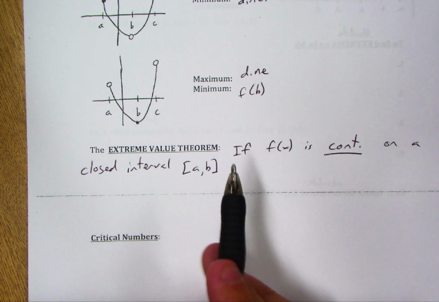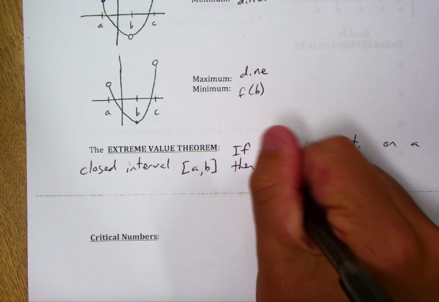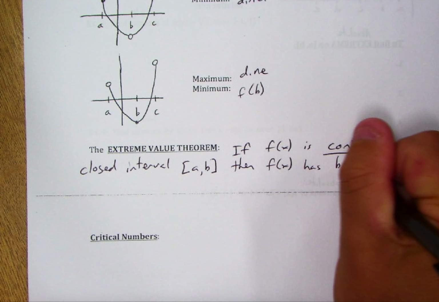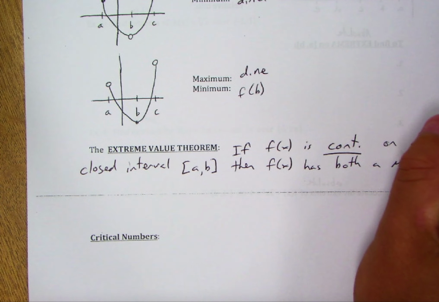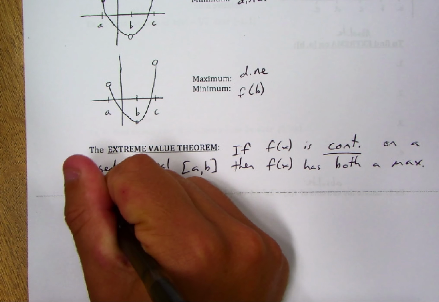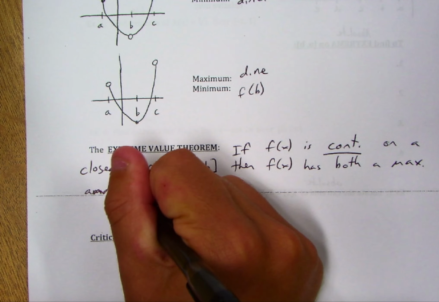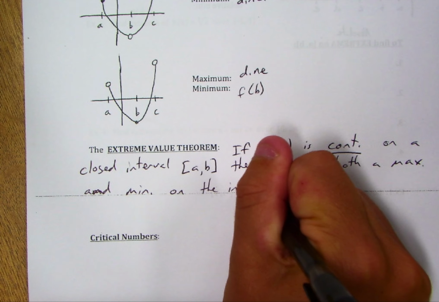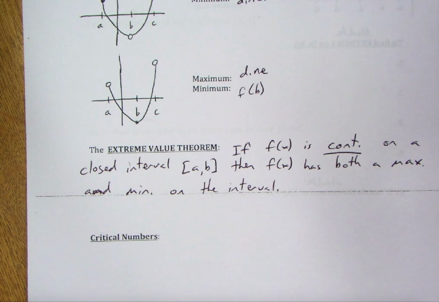If you have this, then the function has both a maximum and minimum on the interval. So if a function is continuous on a closed interval, endpoints included, then f of x is guaranteed to have a maximum and minimum on the interval.